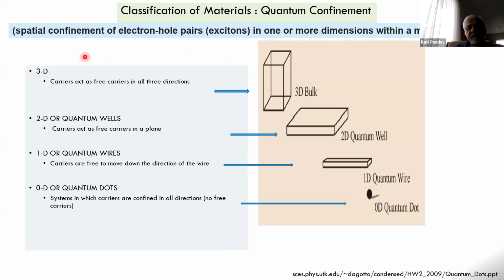If we confine these electron-hole pairs, which we call excitons, in 3 dimensions, we have the 3D case. If we go 2D in the XY planar direction, we have a quantum well. If we have the axial direction, we have a quantum wire. And if we have confinement from all directions, we have a quantum dot, like C60 or other quantum dots, CdS and so on.